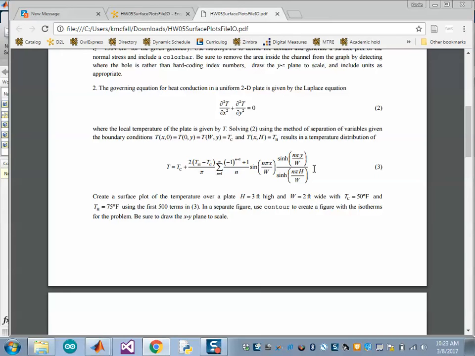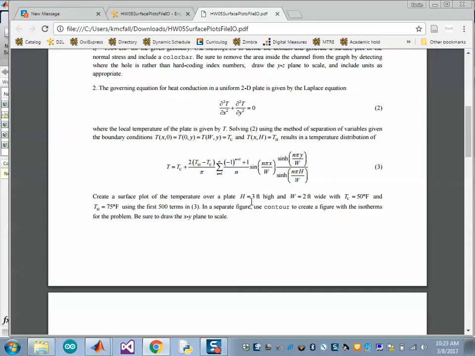But one of the interesting things about the hyperbolic sine is that it's not periodic in the same way that a sine is. If you take the hyperbolic sine of an infinite number, you get an infinite number. Okay, so it's not periodic like sine is. And so here we have a situation in this problem where w and h are constants.